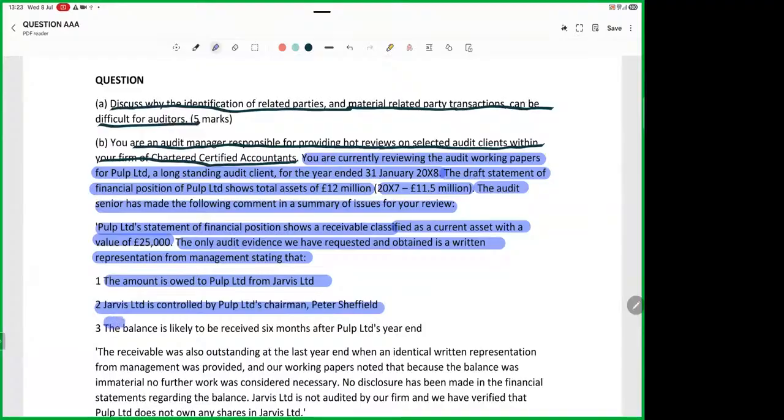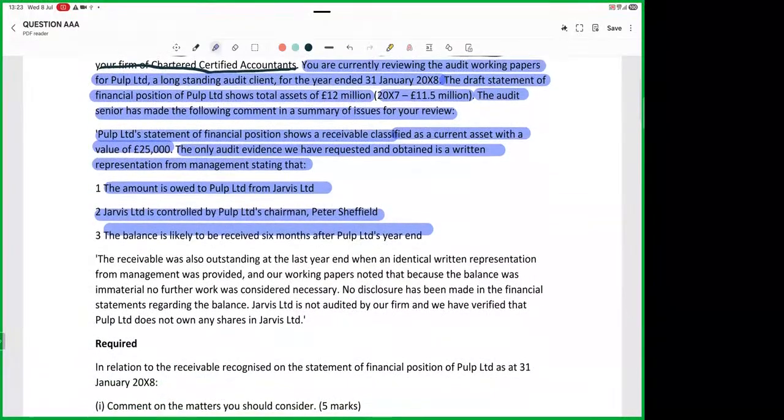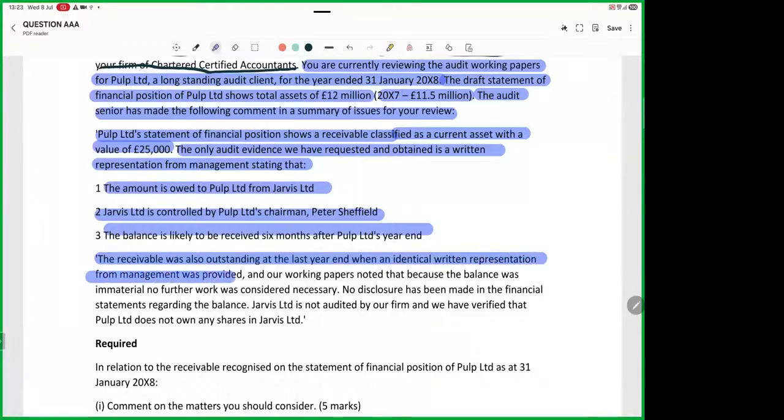The balance is likely to be received 6 months after Pulp's year end. The receivable was also outstanding at the last year end, when an identical written representation from management was provided, and our working papers noted that because the balance was immaterial, no further work was considered necessary. No disclosure has been made in the financial statements regarding the balance.